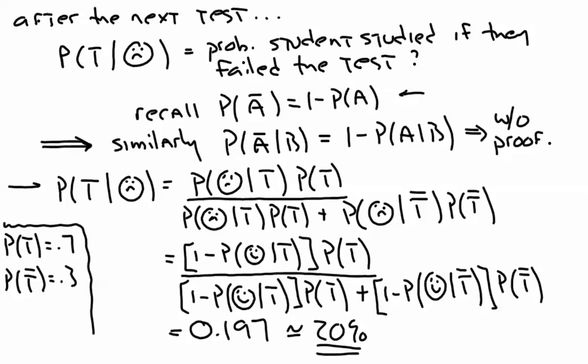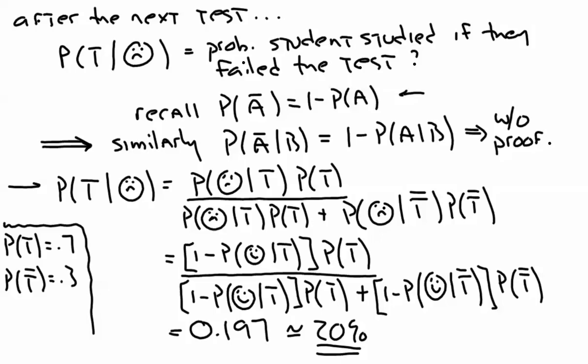So, based on past observations that the professor has made, students have walked into the class and he's asked, did you study, did you not study? 70% of the times the students self-reported that they studied. Professors graded the tests and determined the likelihood of passing given that they've studied and given that they have not studied.